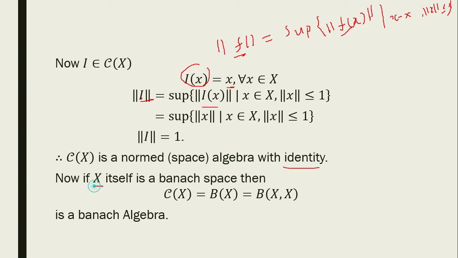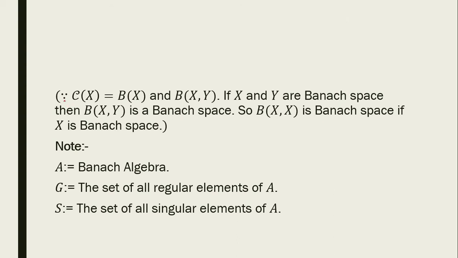Now, if X itself is a Banach space, then script C of X is equal to B of X, X, which is a Banach algebra. Complete the proof: script C of X is equal to B of X, X. If X and Y are Banach spaces, then B of X, Y is a Banach space.